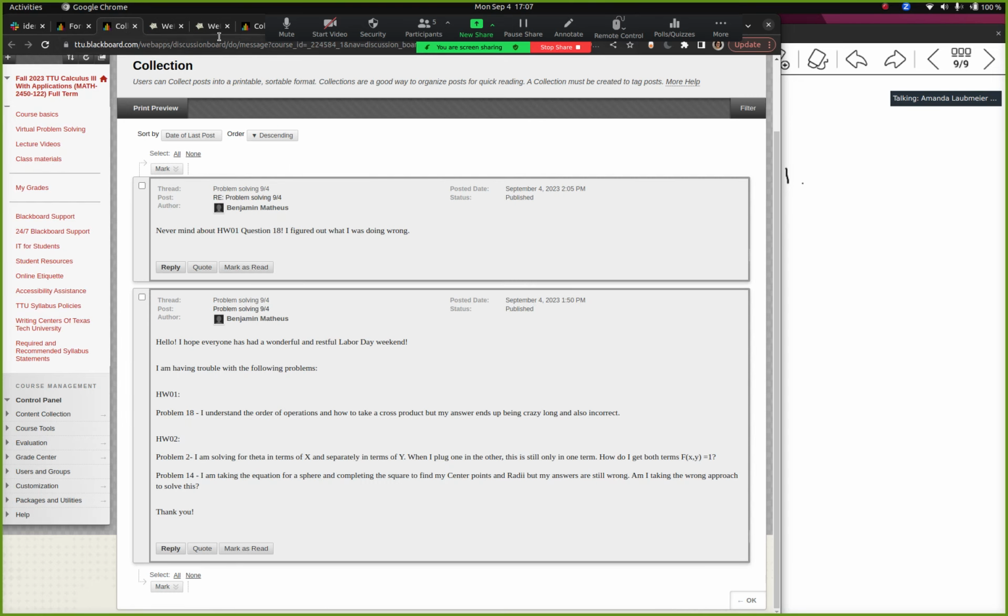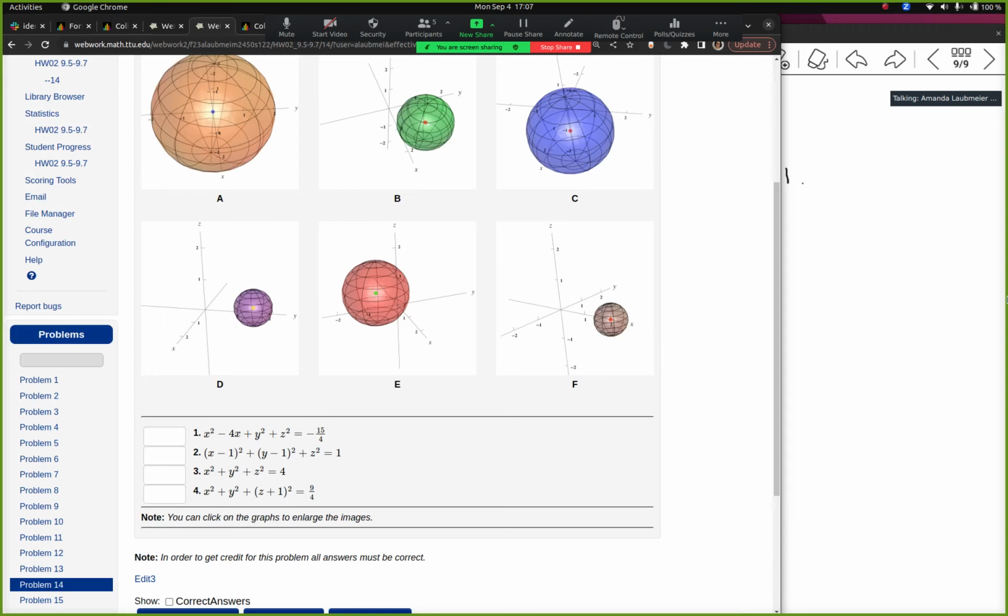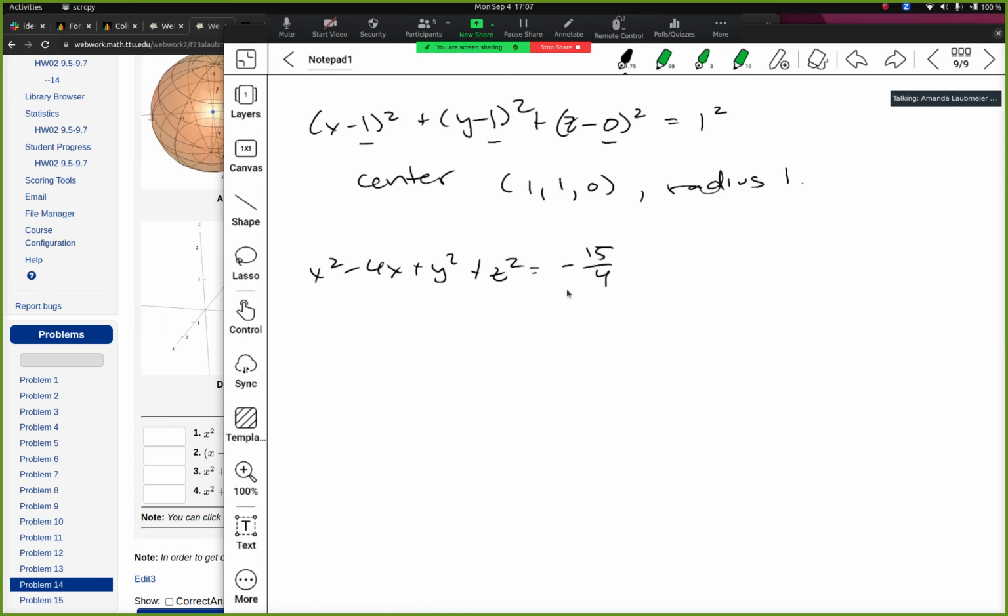It could be that the algebra is going wrong. One issue that I saw a lot of in the first homework when I was walking around the classroom is if you have this equation and you're trying to complete this square, I know that I need it to be x minus 2 because that would give me x squared minus 4x to cancel out the first two parts, and then there's an extra plus 4 there.